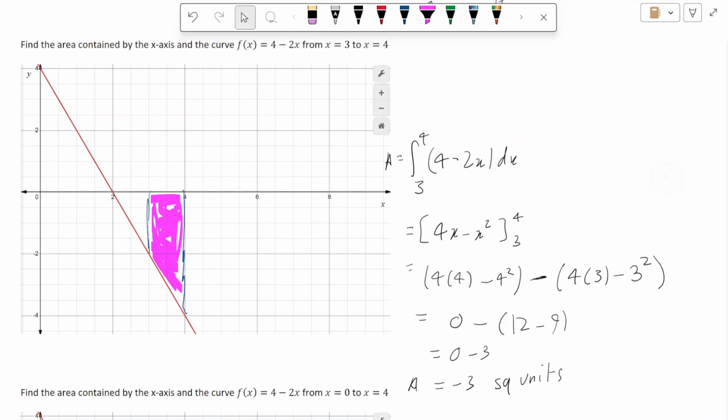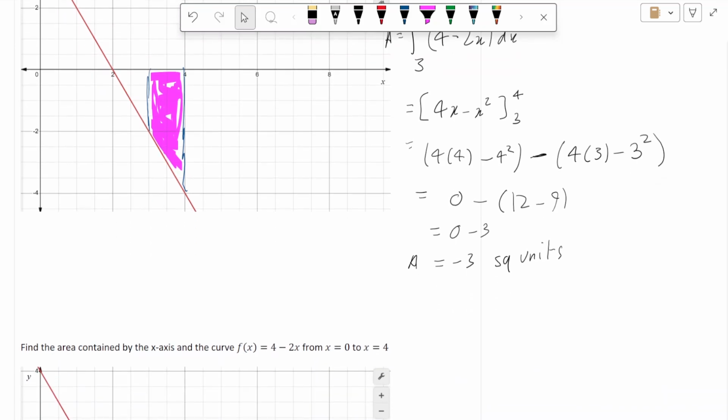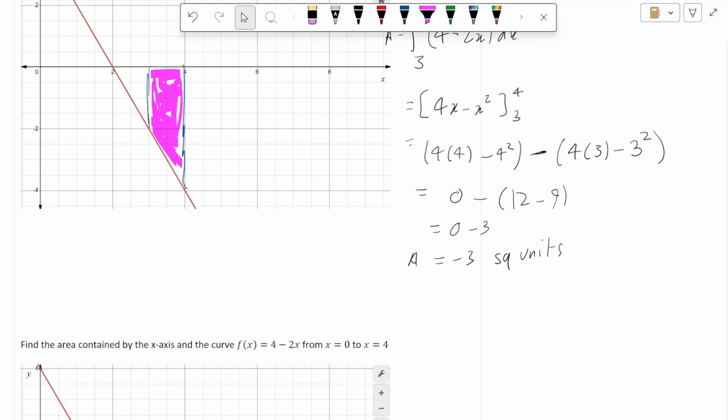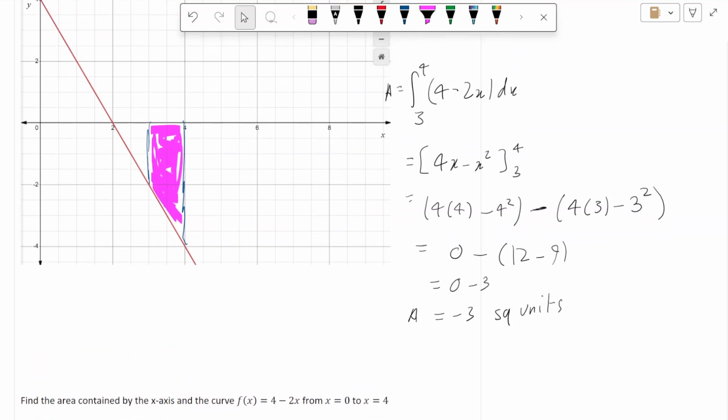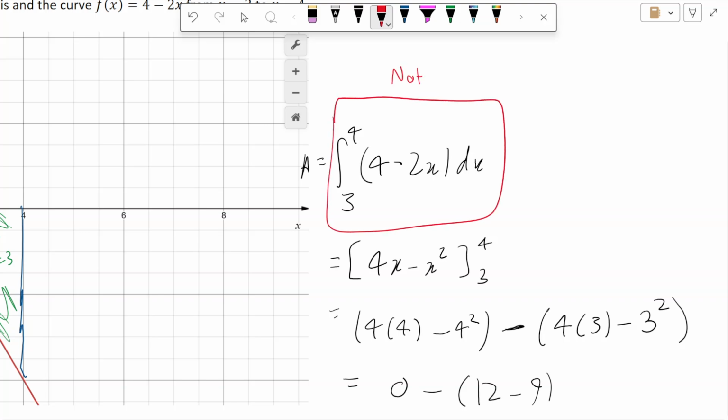Okay, when I said the integrals and areas were basically the same thing, they're not always the same thing. So we got -3. The short answer is the area here is actually 3 of that weird shape there. But because it's underneath the axis, we pick up a minus sign. So when you're doing a definite integral like this, this is not necessarily an area.